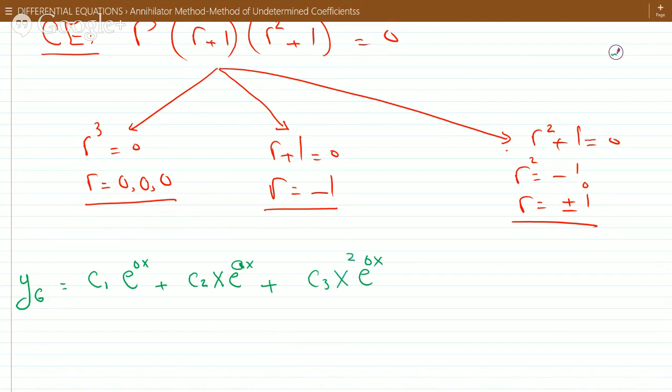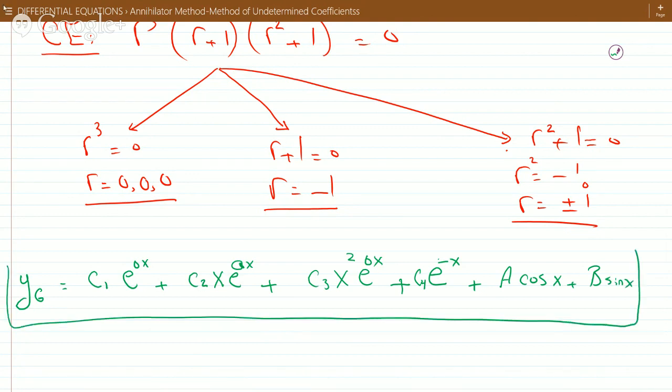Okay, so that's the first set of roots, the 3 zeros. Plus, now, the minus 1, so c4 e to the minus x. And then the last one gets you your sines and cosines, so we'll call this a cosine x plus b sine x. So these are all the roots.